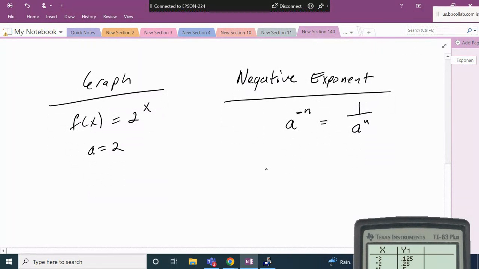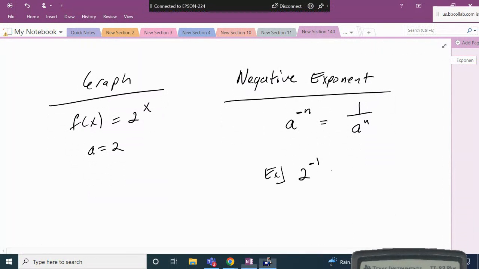So for example, if we have 2 to the negative first power, I can write that as 1 over 2 to the positive first power, which is actually 1/2 or 0.5.